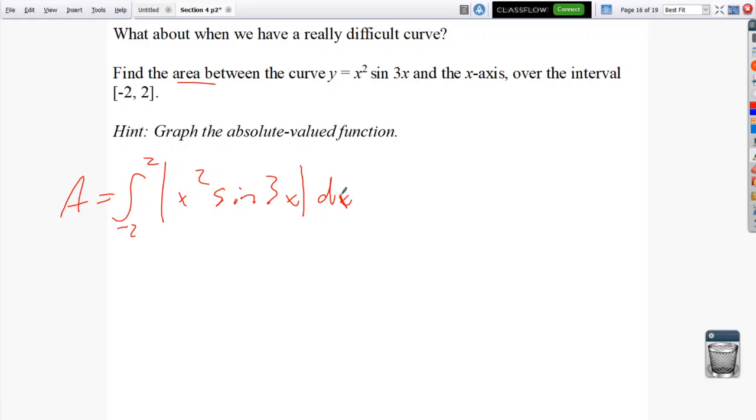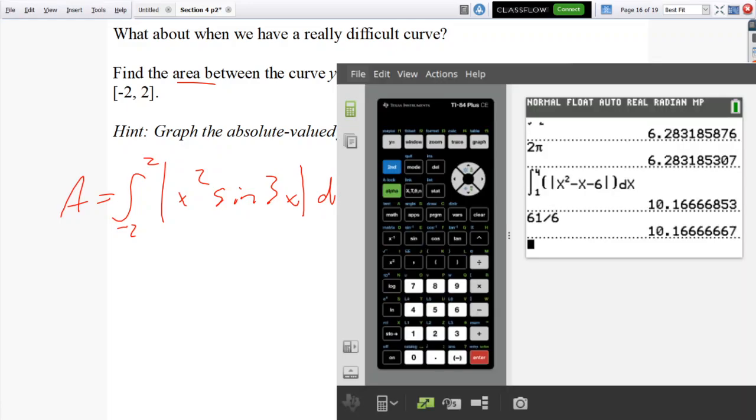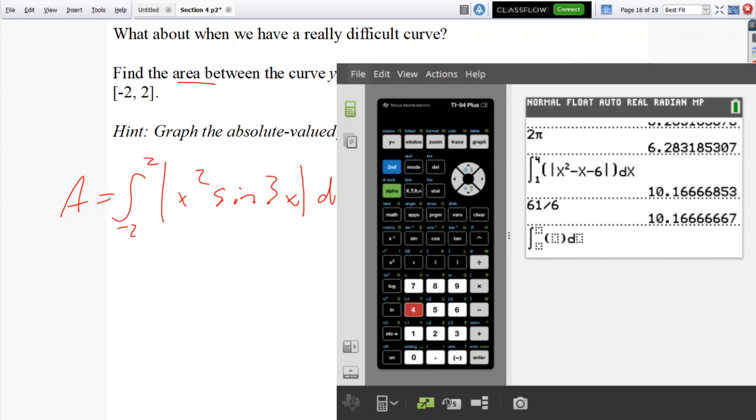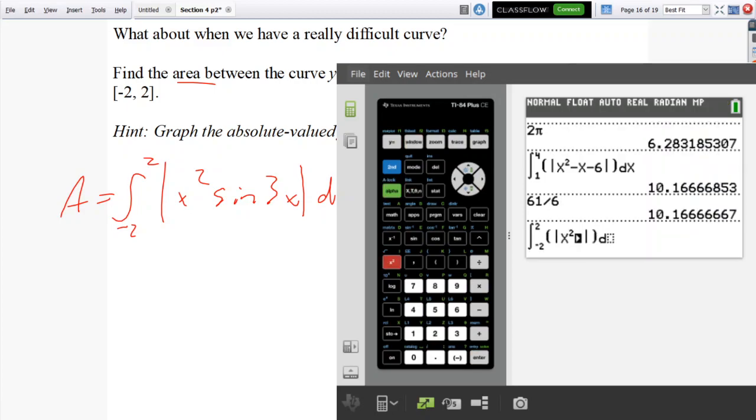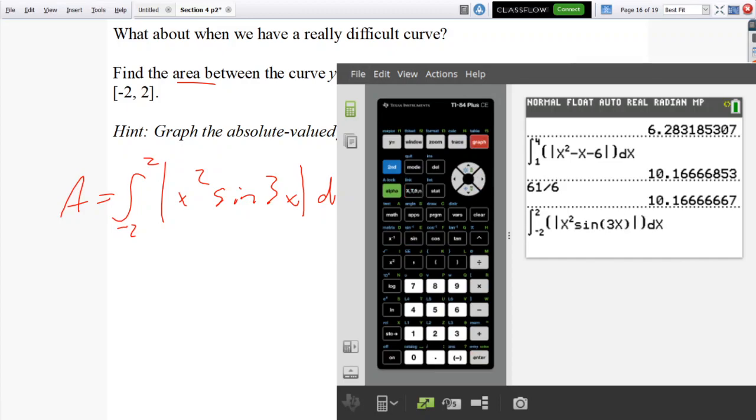The reason why I know I'm using a calculator here is because I have trig functions on an interval with integers. From -2 to 2 of the absolute value of x squared sine of 3x dx.